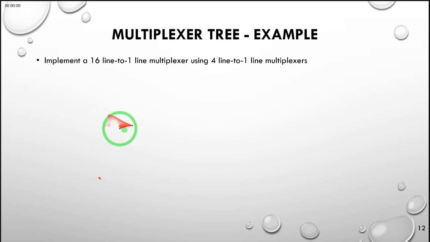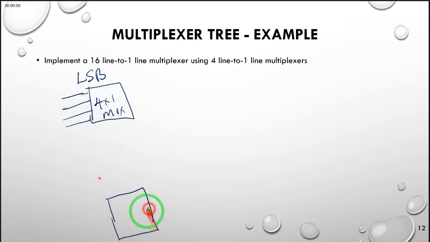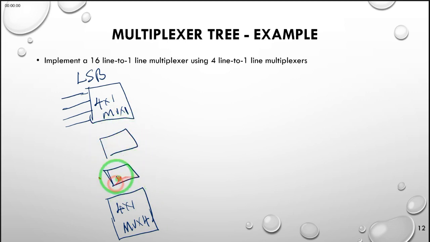And here is a very simple idea that we should have our least significant bits, the first 4 least significant bits, entering into the first multiplexer, and the 4 most significant bits entering into our multiplexer 4. This is multiplexer 1, we will have multiplexer 2 there and multiplexer 3 there.